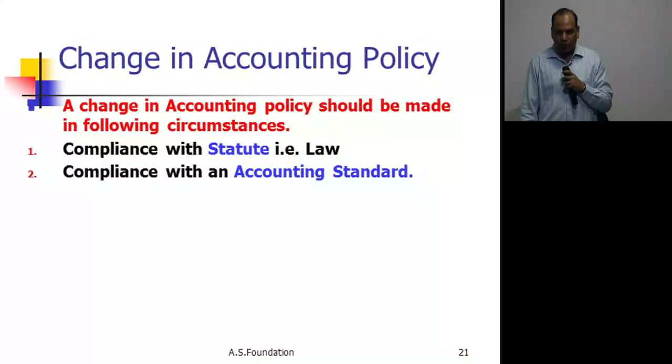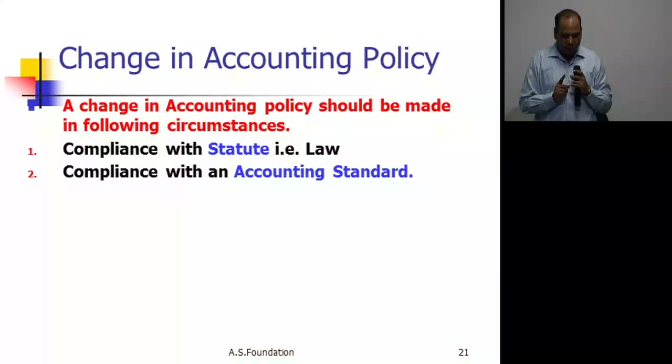Earlier for accounting standard 7 purpose, completed construction contract method was permitted. That is, income is recognized only once the construction work is complete. Not anymore.